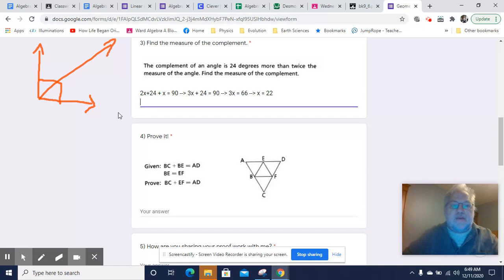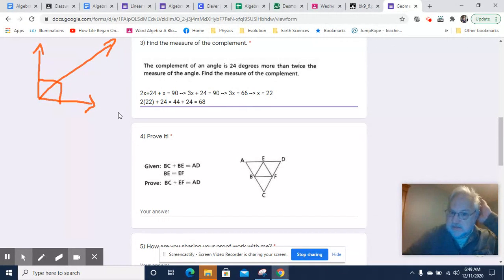So now we've got the complement. So we want to know what the complement is. The complement is this part that is 2x plus 24. So 2 times 22 plus 24 is going to equal 44 plus 24, which is going to equal 68.